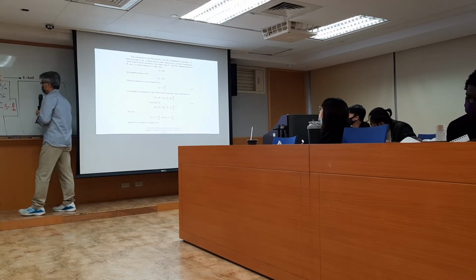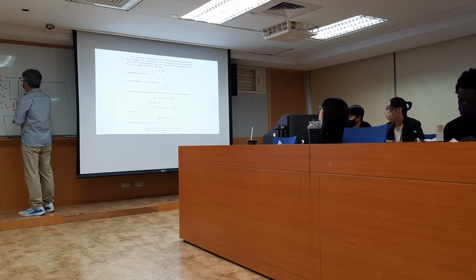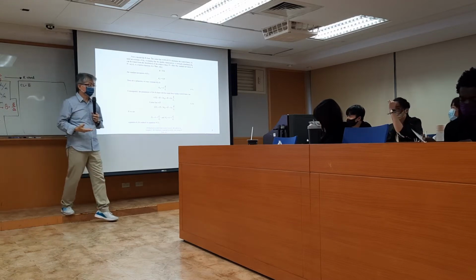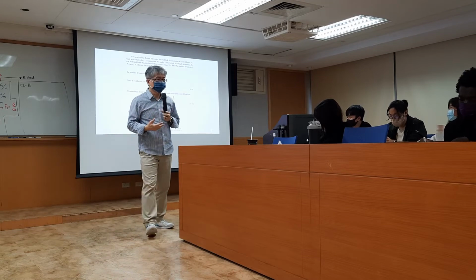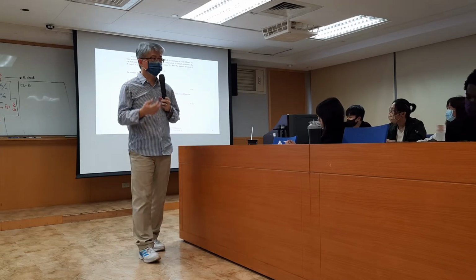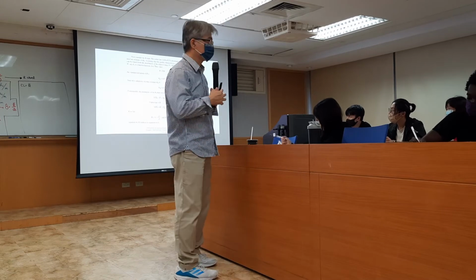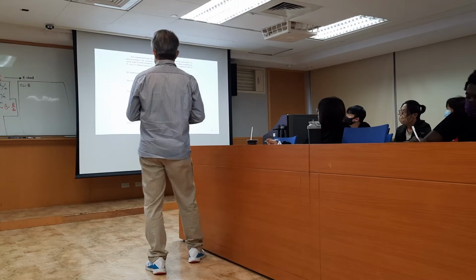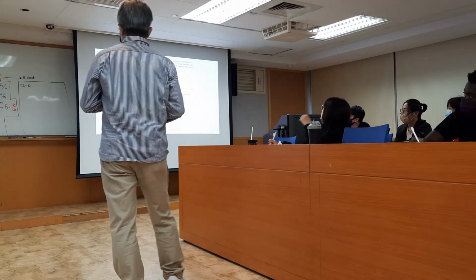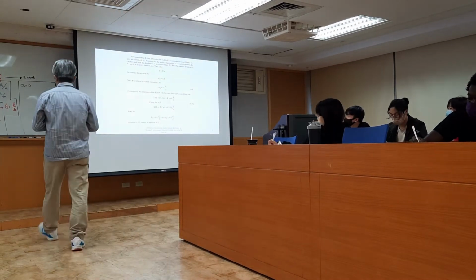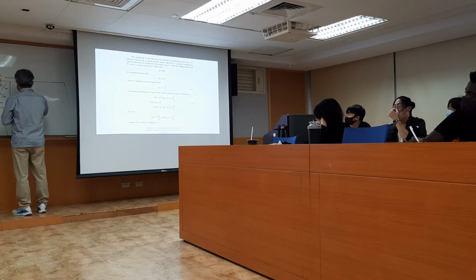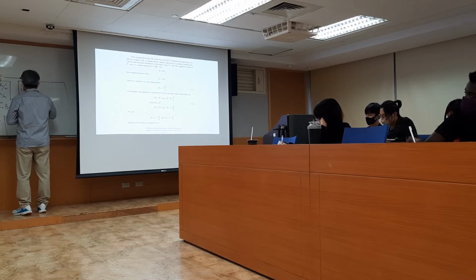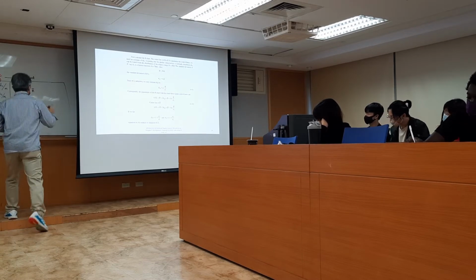Of course, the center line is equal to R bar. R bar is already defined: the summation of Ri divided by n, the number of samples we collect. To determine the control limits, we need an estimate of sigma R. This is the most important thing. The upper control limit is the center line plus 3 standard deviations.